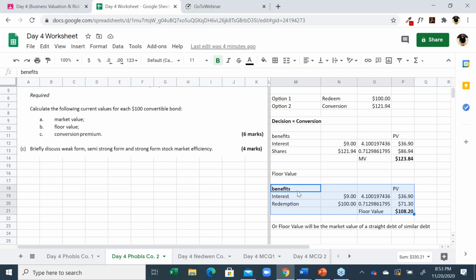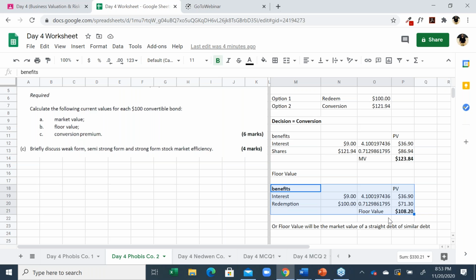That's how we calculate it. This is a theoretical model, the theoretical model of calculating floor value of a convertible debenture. The practical method is the actual market price of a straight debt. I hope it's clear for everyone.